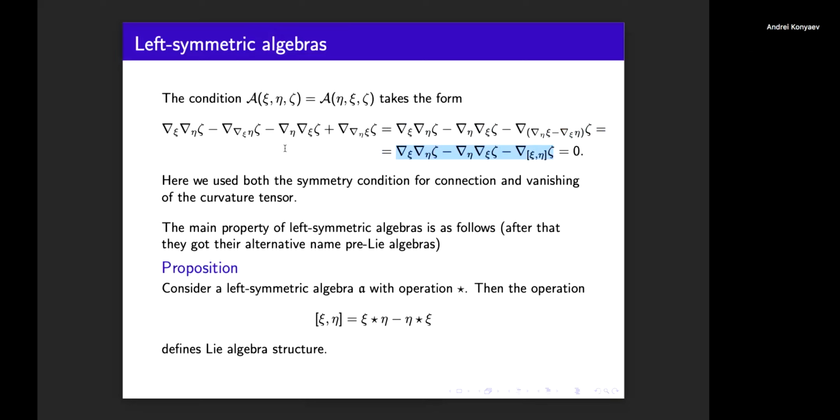And if you take the adjoint action, then you will get a left symmetric algebra structure on the Lie algebra, with the interesting property that the commutator with respect to this structure is actually the Lie algebra commutator we started with. And this is actually the way Weinberg discovered these algebras.